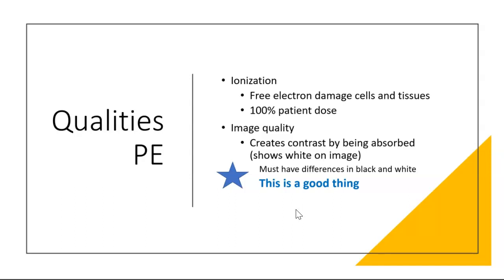So the bone is going to absorb more photons than the lungs, right? So this photoelectric absorption or effect is super important, okay? We must see the differences between the black and the white. The black is something that is more radiolucent, where the white is something that is dense and not radiolucent, okay? So it shows us the white on the image, which is a good thing. We need that.